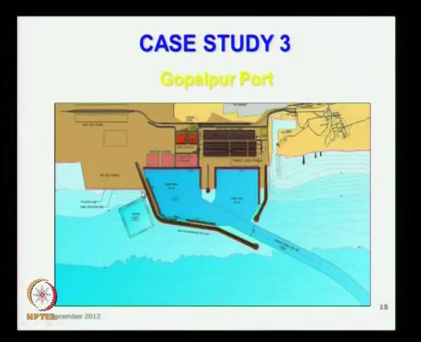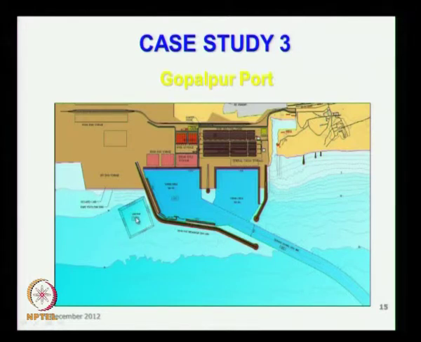This is your existing shoreline. After development, when you start building this breakwater, the shoreline will also advance like this, and this is the sand trap which will be created, 1 kilometer by 1 kilometer, for about 10 meter depth. When there is deposition taking place, the sand will get deposited, and the original water depth will be increased in the sand trap by about 5 to 6 meters.